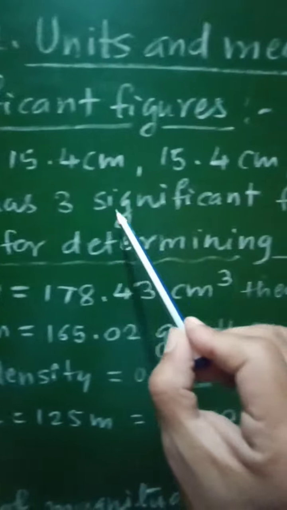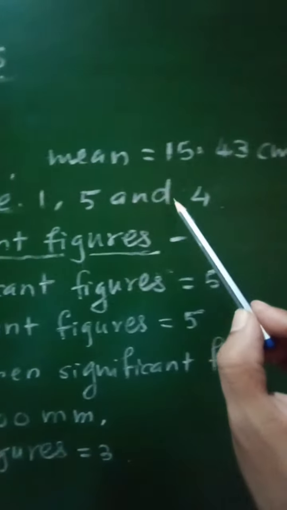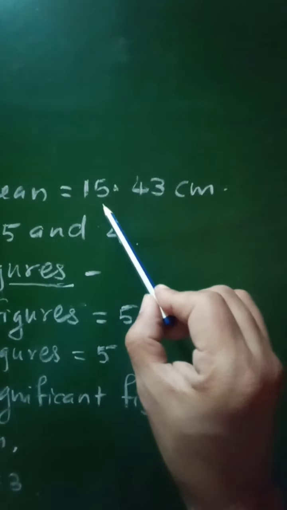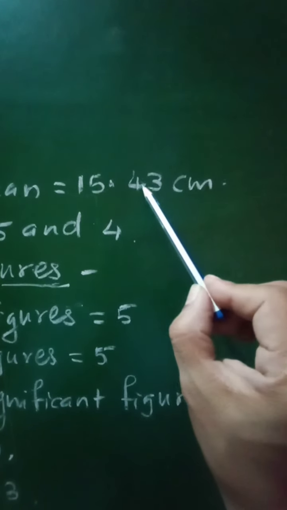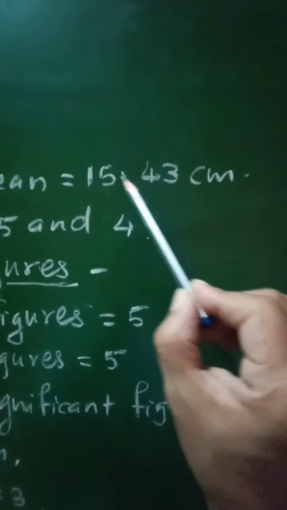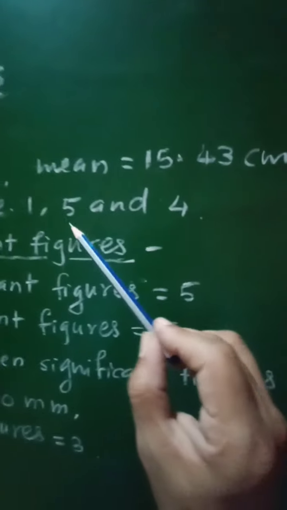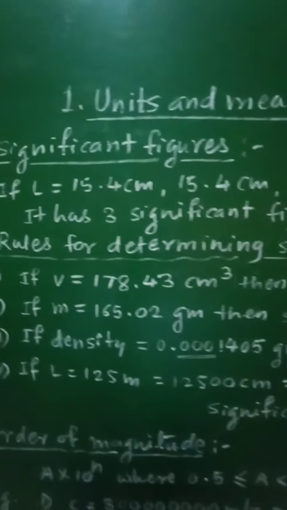So it has three significant figures, that is 1, 5 and 4, because 1 and 5 are certain and 4 is the first uncertain digit. Combining these certain and uncertain digits we get the significant figures, equal to 3.